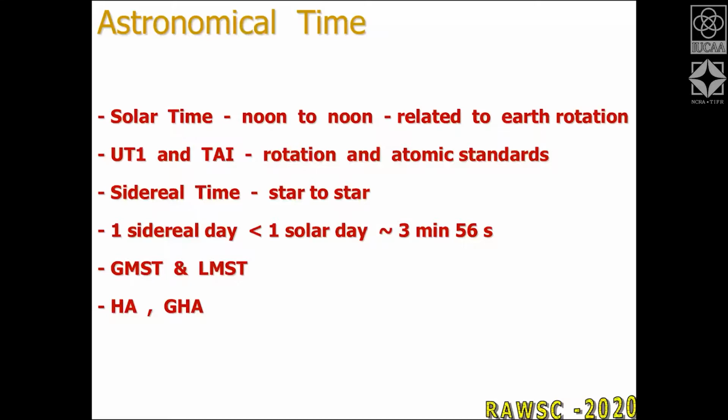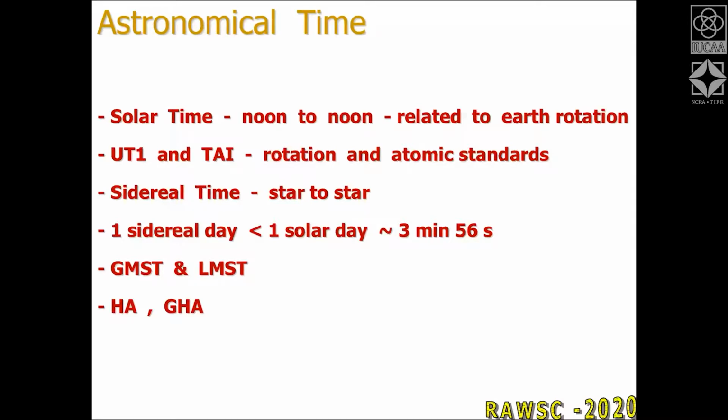And the way it is accounted for is by defining a coordinate called hour angle. Okay. And this hour angle, which is written here, is related to the sidereal time. Now, as we defined, the sidereal time is nothing but a sidereal day divided by 24 hours.